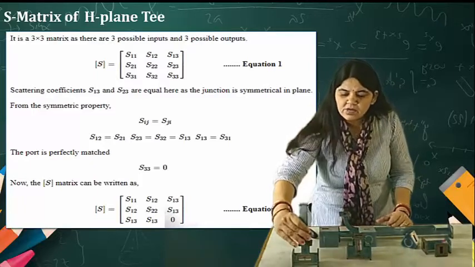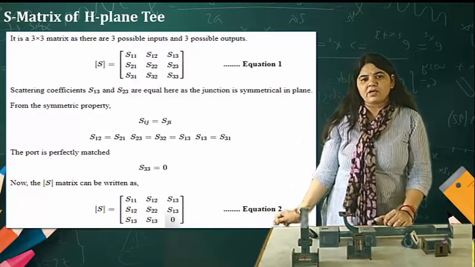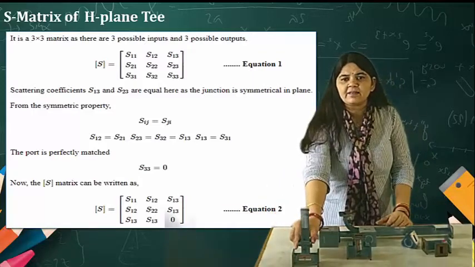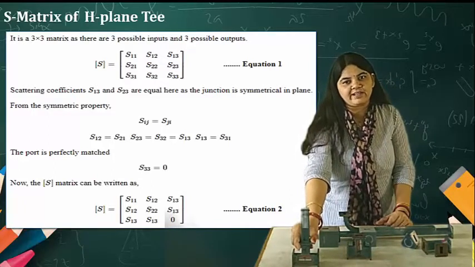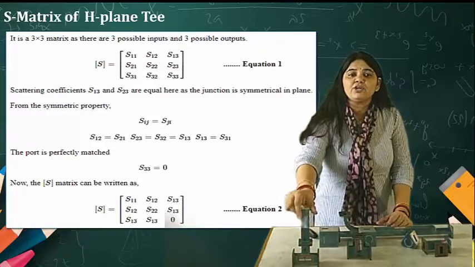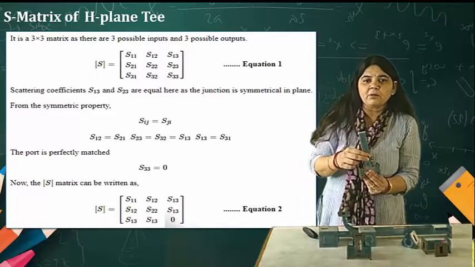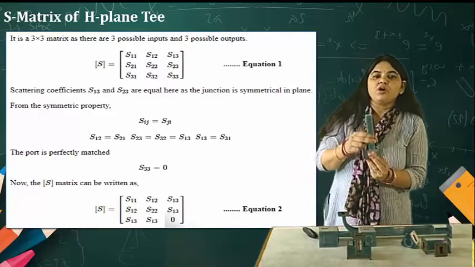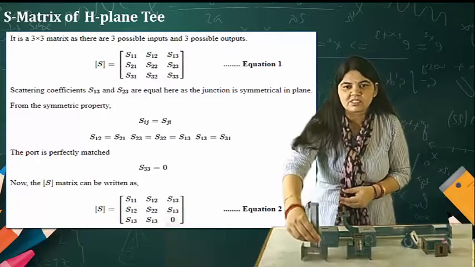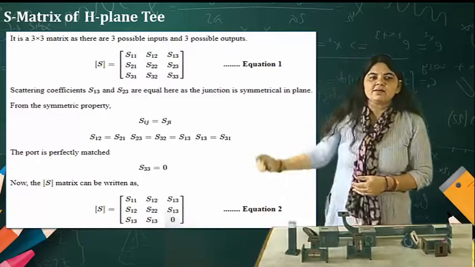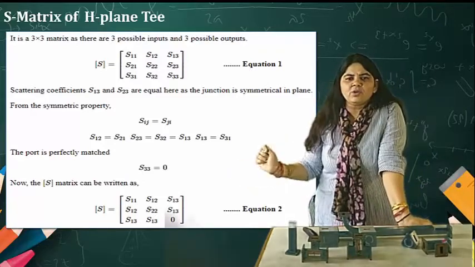If I match this with the perfect load, then if you apply any input there is no output through that terminal, because the port is perfectly matched with the particular component. So for that matched load, S33 is equal to 0.